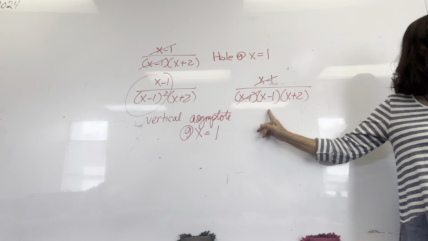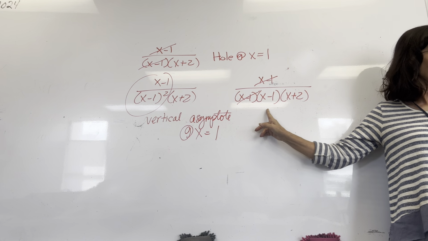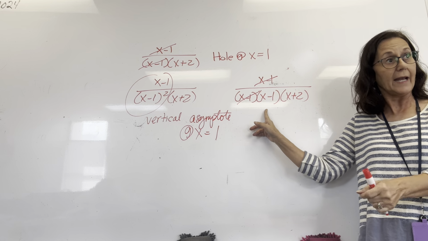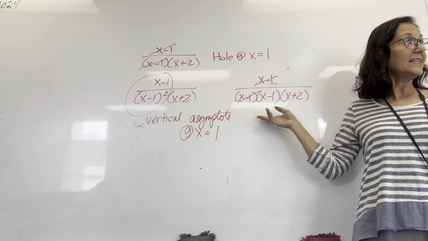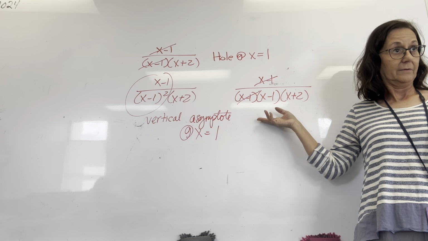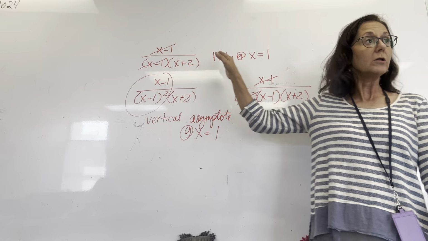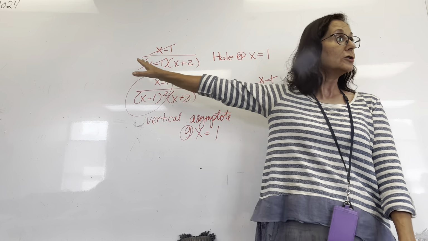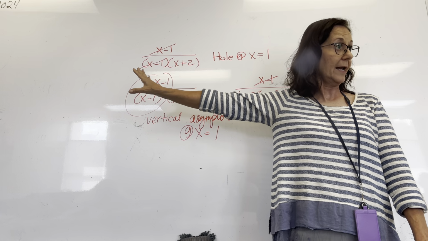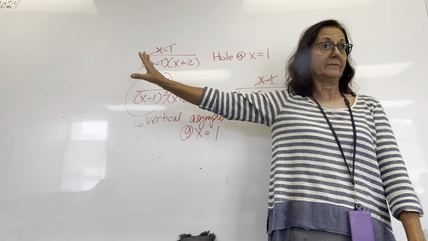The term cannot be completely canceled. When the term cannot be completely canceled out of the denominator, that's an indication of a vertical asymptote. Got it? So, hole in the graph when all your terms can be canceled, numerator and denominator. Got it? Hole in the graph.